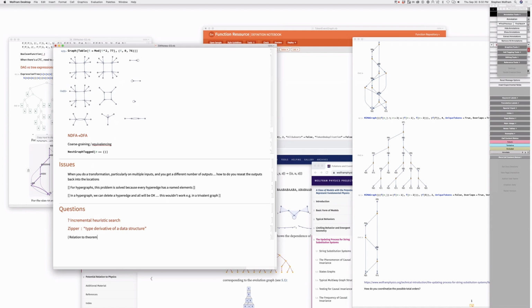In other words, is a zipper like a proof, as in the sequence of things that you change to get to the result? And you could imagine feeding the zipper back in again and saying, these are the places to do the replacements at. Does that make sense? I'm not sure.